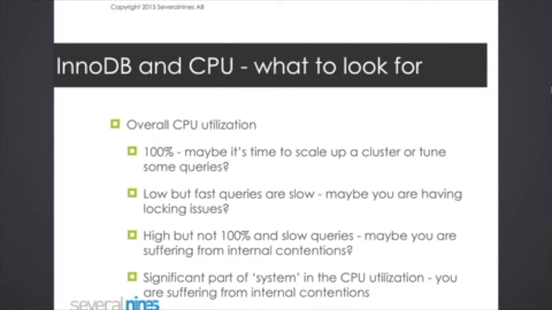And if a significant part of the CPU utilization is the system part, well, this is an even stronger suggestion that there may be some problems within InnoDB, because it may mean that InnoDB is running a bunch of OS wait calls, which are system calls, and they are therefore accounted for in the system CPU utilization, and they are somewhat a last resort for InnoDB to sort out the internal contention.